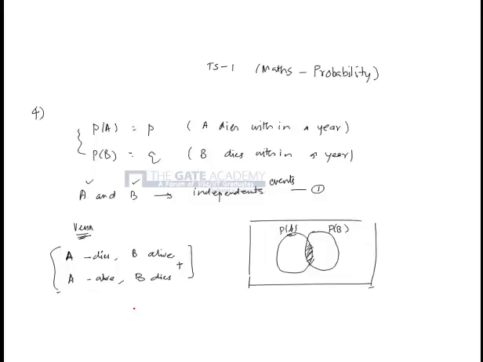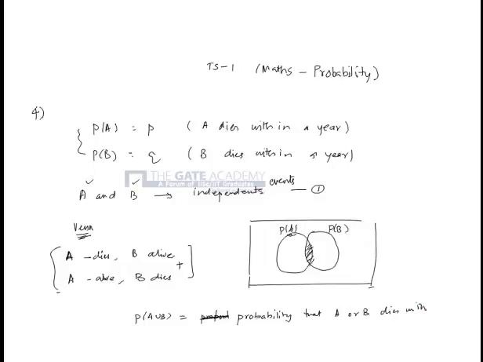Okay, so this basically means that P of A union B is the probability that A or B dies within a year.